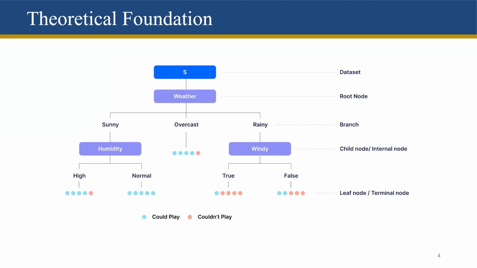Then it will decompose into leaf nodes and some decision nodes. We are going to see what each and every node does. But over here, you could see there's a branch, and then there's a root node, as I earlier stated, and then there are some child nodes or internal nodes, and there are some leaf nodes.